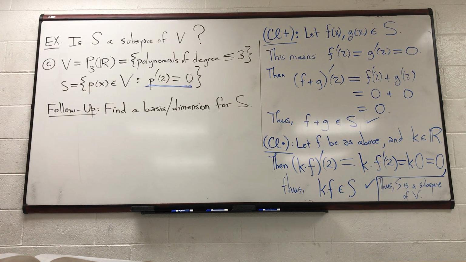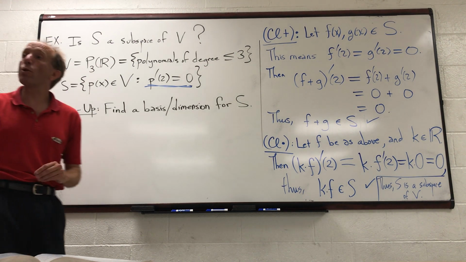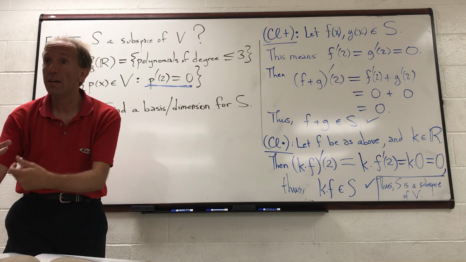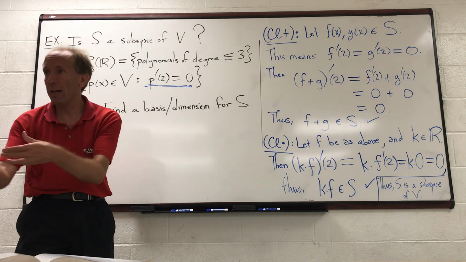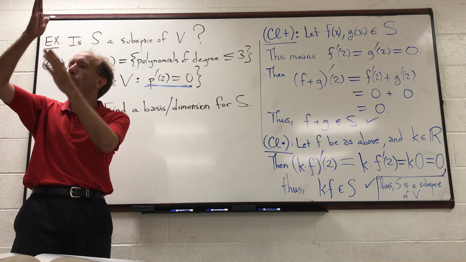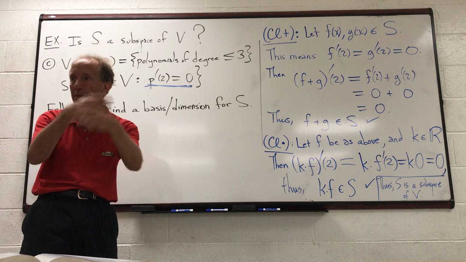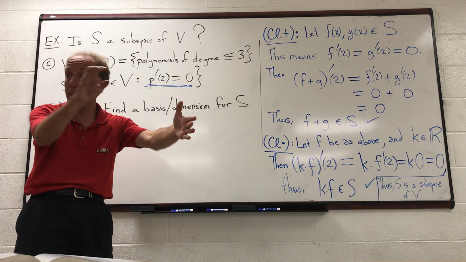Okay. So I need a spanning set that is linearly independent. If we have a proposed spanning set or a proposed basis and we're wondering, is it a basis or not, or is it LI or not, or is it a spanning set or not, then I would put those vectors in the columns of a matrix and I would augment it appropriately and follow my calculation to figure out where my pivots are.